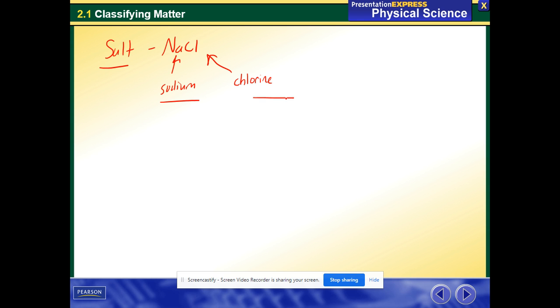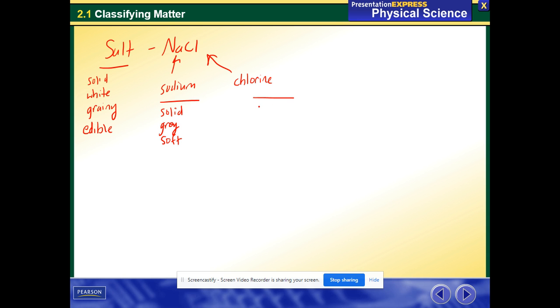Now, if you're going to describe these three things, the compound's name, salt, it is a solid, it is white, it is grainy, and it is edible. You can eat it. Sodium, on the other hand, is a solid, so it has that in common, but it's not white. It is actually gray. And it's not grainy, it's very soft.